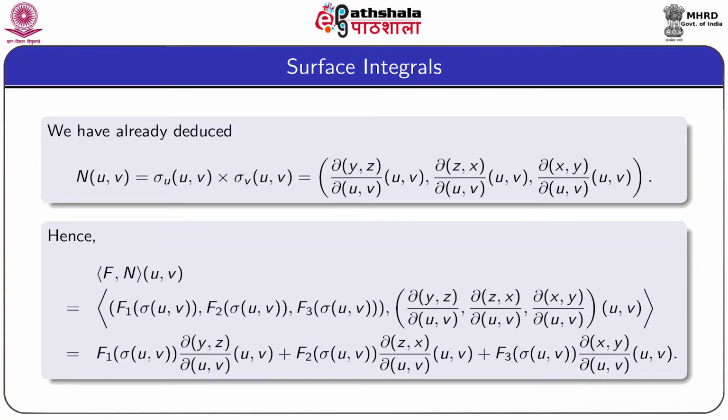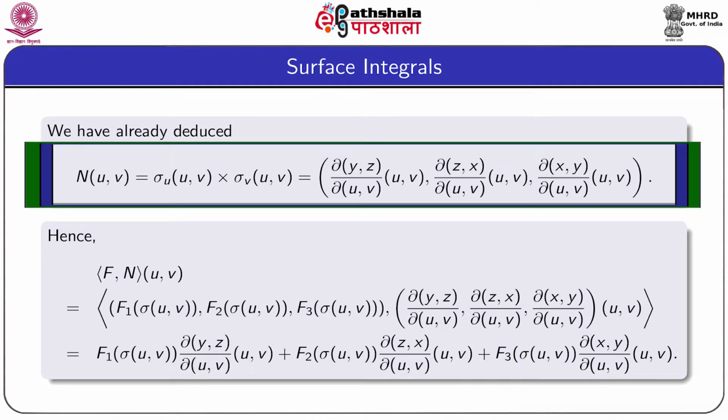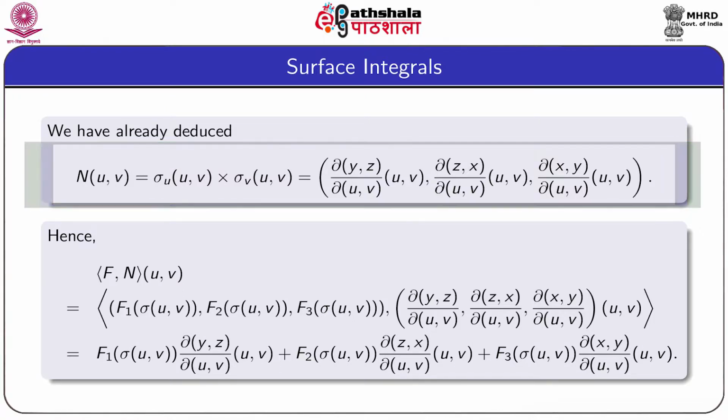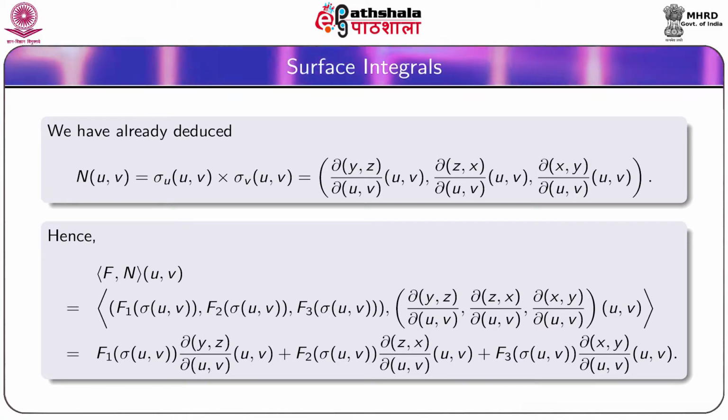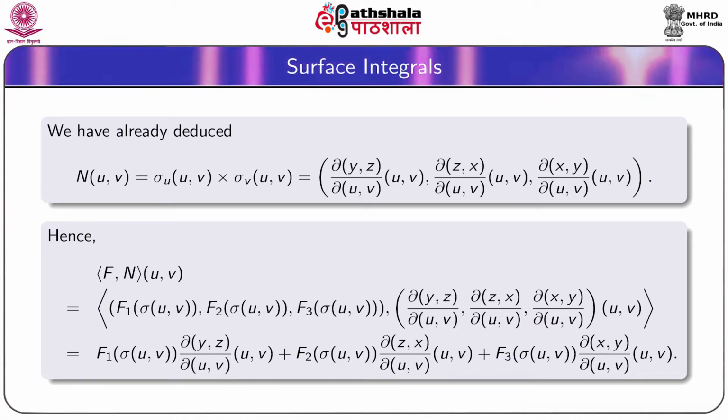We have already deduced that N(u,v) equals sigma u(u,v) cross sigma v(u,v), and that equals the triplet Jacobian del(y,z)/del(u,v) at (u,v), Jacobian del(z,x)/del(u,v) at (u,v), Jacobian del(x,y)/del(u,v) at (u,v).